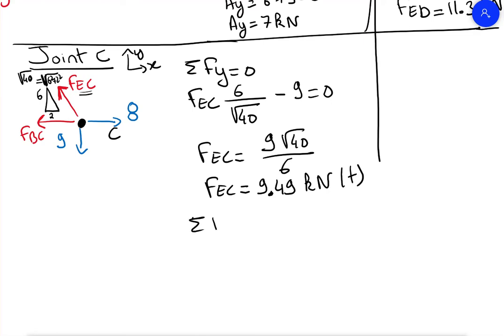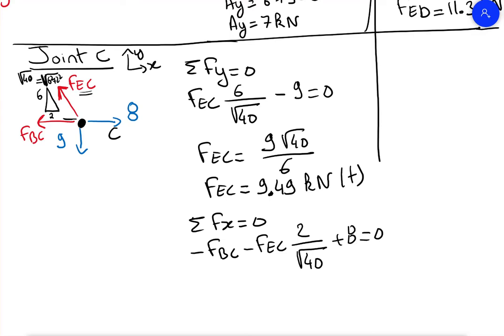And sum of the forces on X is equal to 0. So we have minus FBC minus the FEC component, the one that's parallel to 2, so times 2 divided by square root of 40. And on X we have plus 8, equal to 0. So FBC is equal to 8 minus 9.49 times 2 divided by square root of 40.